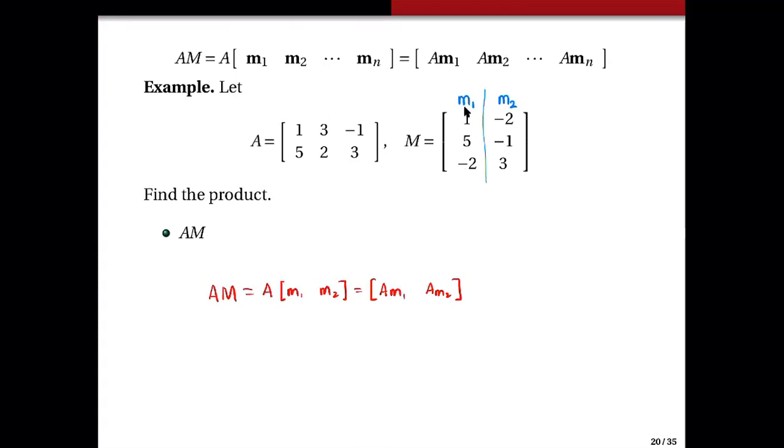But now let's bring in the entries of M1 and M2. This will be A times M1, which is 1, 5, negative 2. And then you have here A times M2, that's negative 2, negative 1, 3.